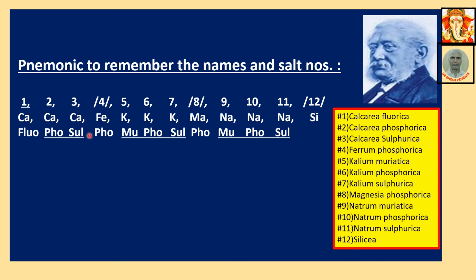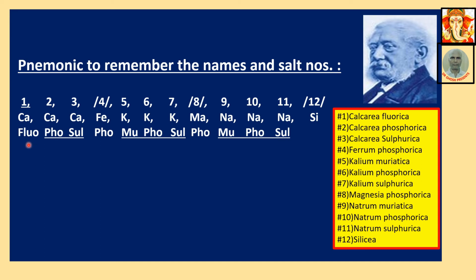So if you separate 4th, 8th and 12, in all other cases there are some rhythms. What rhythm? You see this: 5, 6, 7, Mi, Fa, Sha. Muriaticum, phosphoricum, sulfuricum. 9, 10, 11, muriaticum, phosphoricum, sulfuricum. And 4th and 8th are always phosphorus, I have already told, and first one is fluoricum.